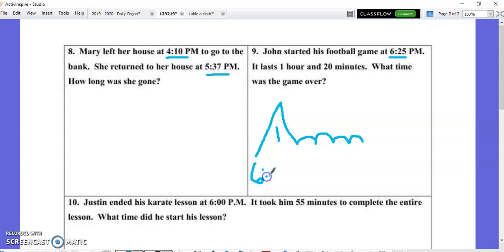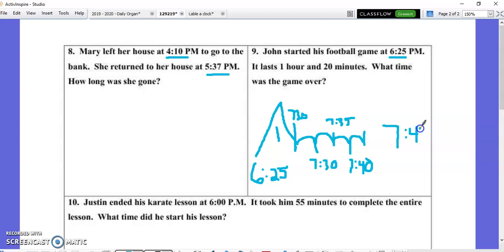If this is 6:25, 1 hour would be 7:25. 5 more minutes would be 7:30, which would be here, to 7:35, to 7:40, and finally 7:45.